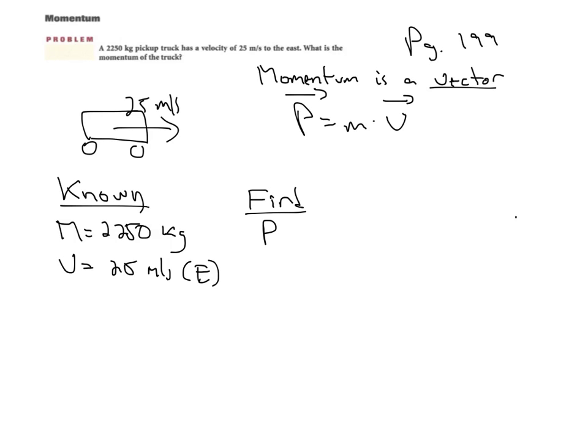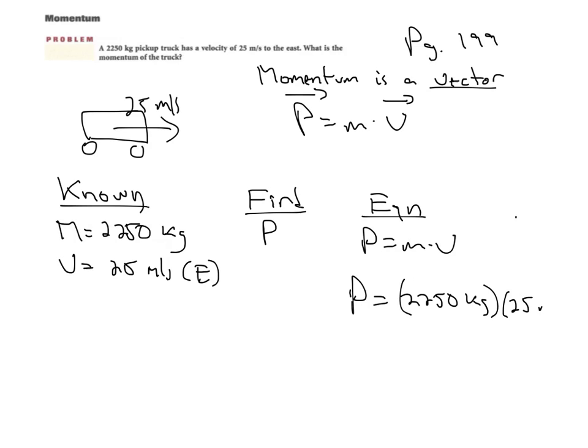So very straightforward here. We're going to use our only equation that we know for momentum, and that is momentum is mass times velocity. And of course, we're going to multiply. This is very easy for you. 2,250 kg times 25 meters per second, and we get a final answer of momentum is equal to 5.6 times 10 to the 4th kilogram meter per second, and that's to the east.